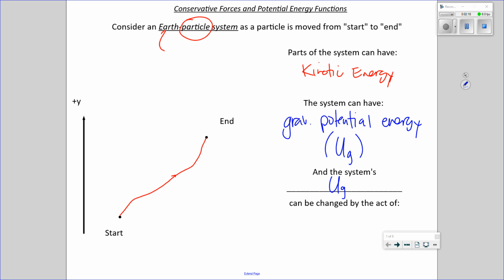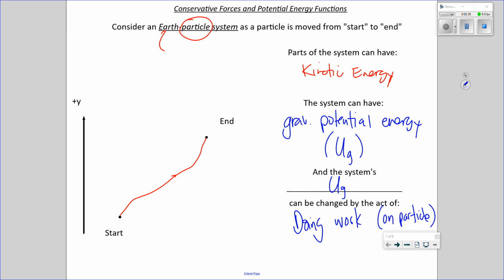That system's gravitational potential energy can be changed by the act of doing work, and let's say maybe on the particle. A lot easier to do work on the particle than it is on the Earth.